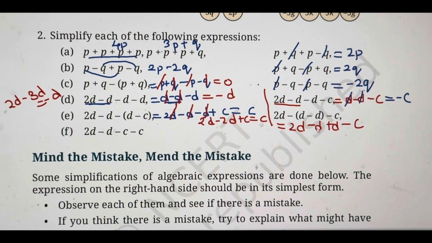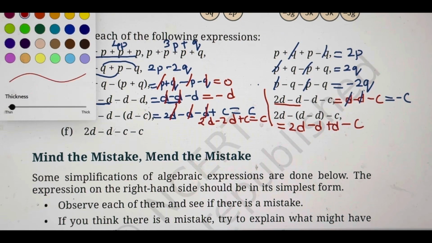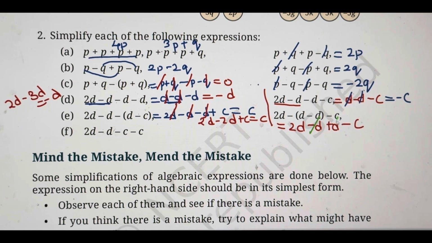So you can strike off this, one is positive, one is negative. Whenever you see one positive, one negative with the same number, there's no number means 1. So minus 1 plus 1. So you can strike off that. So answer will be 2D minus C. Final answer will be 2D minus C.